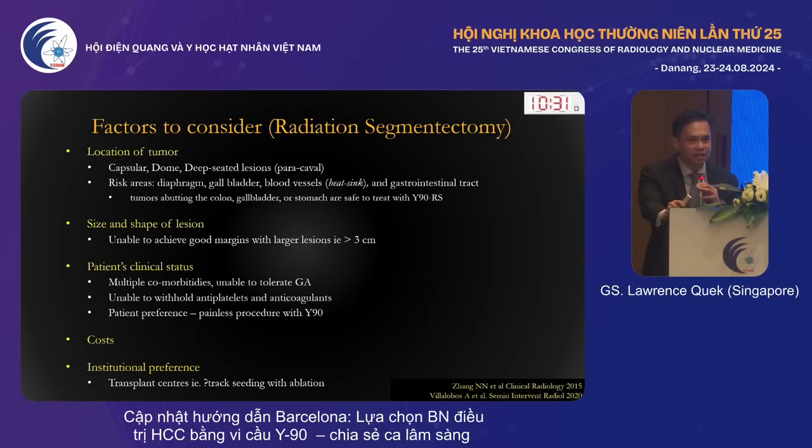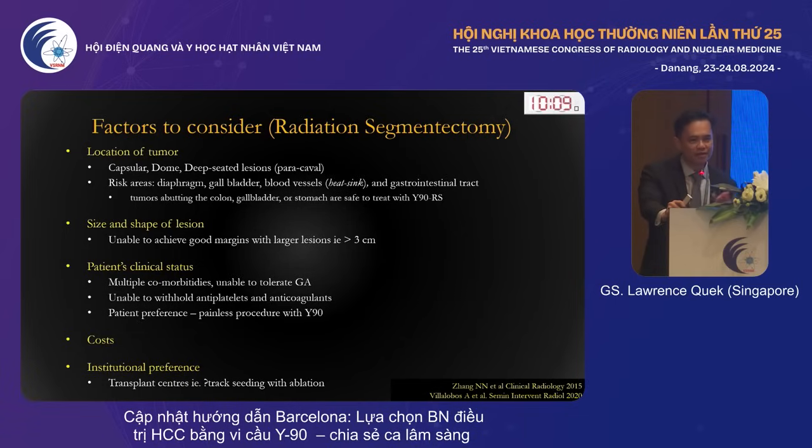So I think in the context of ablation, really if you're looking at capsular lesions up at the tumor, deep-seated lesions in the paracaval region near the IVC, all right, those are very hard to ablate and get good margins. So the concept of R0 resection, we talk about A0 resection, ablation zero tumor in the margins.